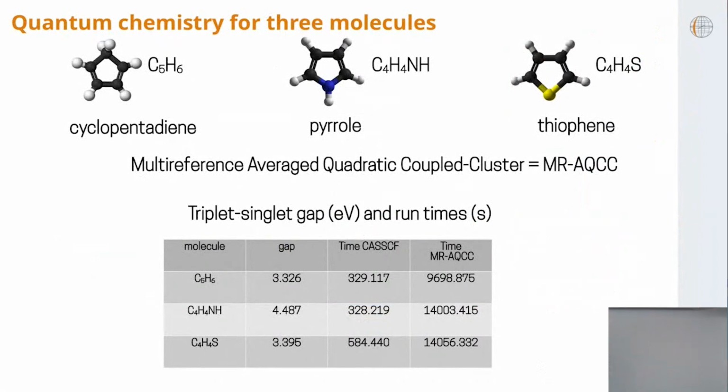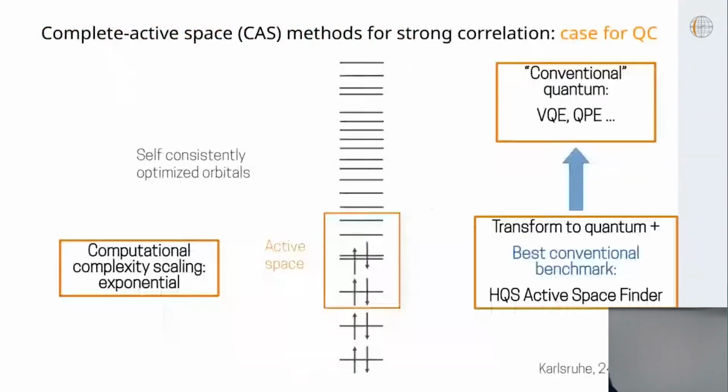These are things which Dmitry showed you yesterday. These are the three molecules which he solved with the spin-boson model. And this is how we solved it classically, with multi-reference averaged quadratic coupled cluster, where we only took two orbitals as the active space, like this and this.